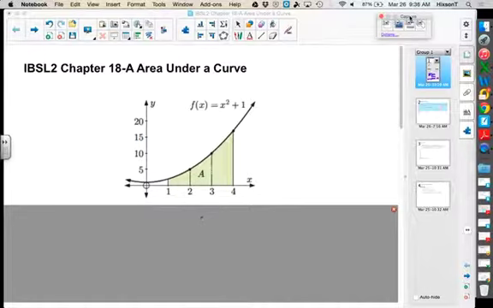I told you that when they were originally trying to discover the derivative, the whole point was because they were studying optics, and they were trying to find that normal line to a curve. And in order to find the normal line, you had to find the tangent line, which led to our derivatives.